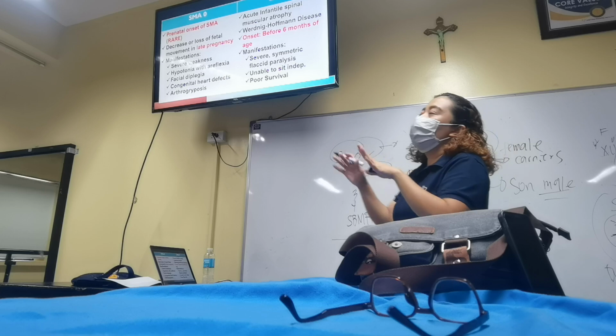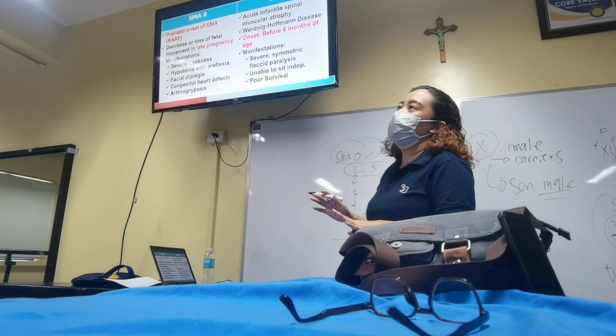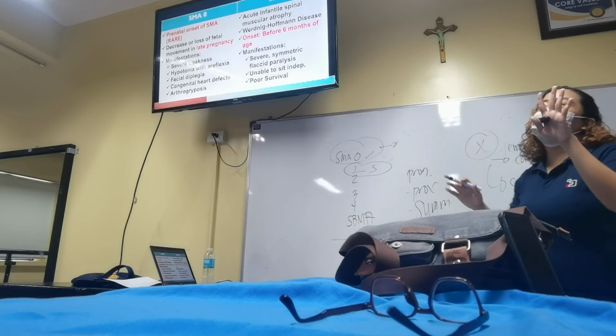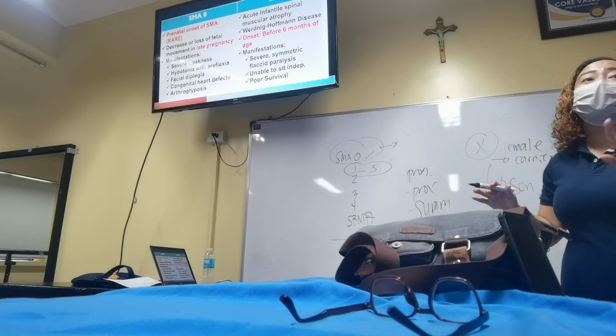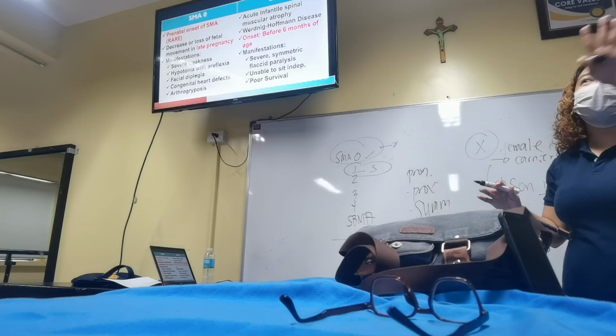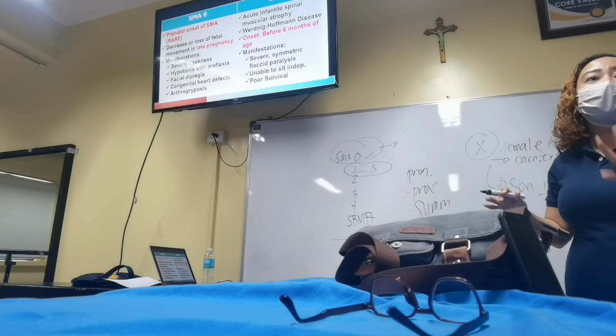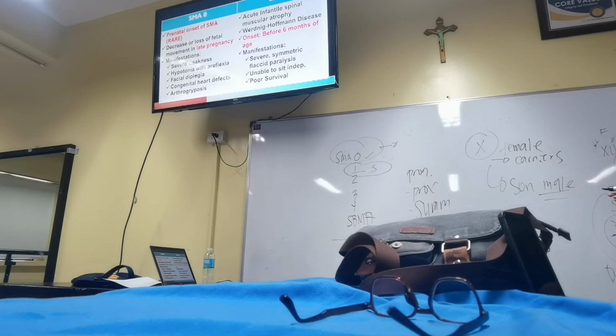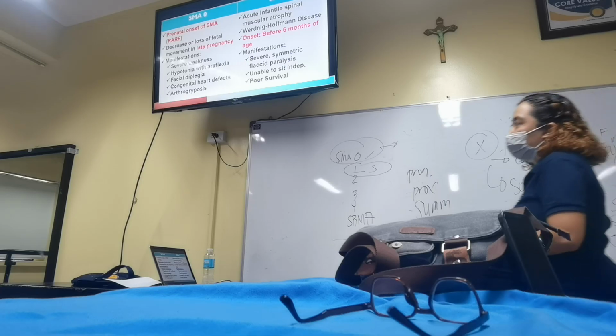Another one, normally, what's the presentation of a patient if may SMA 0? There would be decrease or loss of fetal movement upon the third trimester of pregnancy. Is that clear? And then, what are the manifestation? SMA 0, pataha.